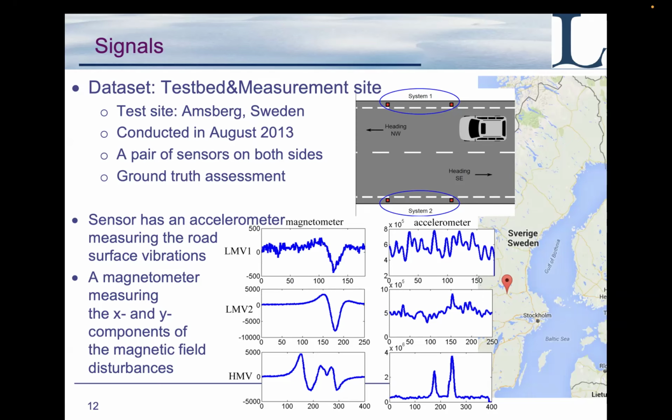Looking a little bit ahead, what you can see here visually, at least, is that there is some pattern. You see a pattern that corresponds to the passage of axles, here and here.